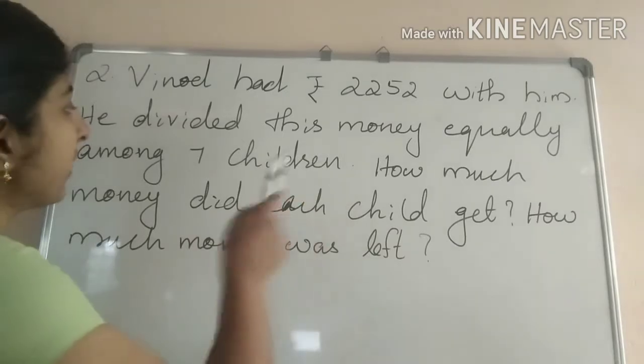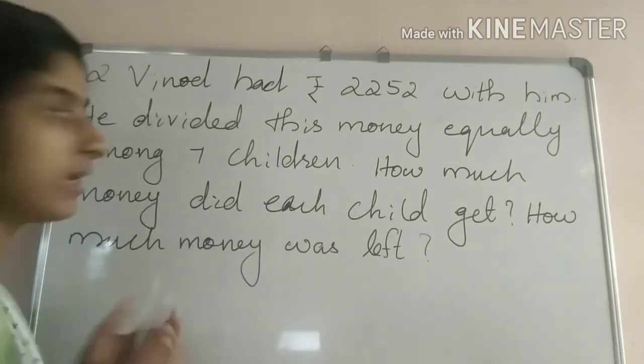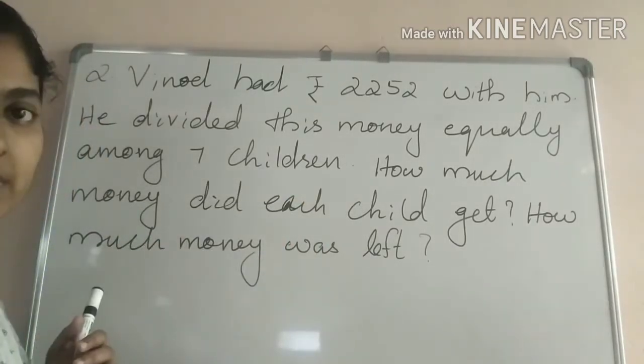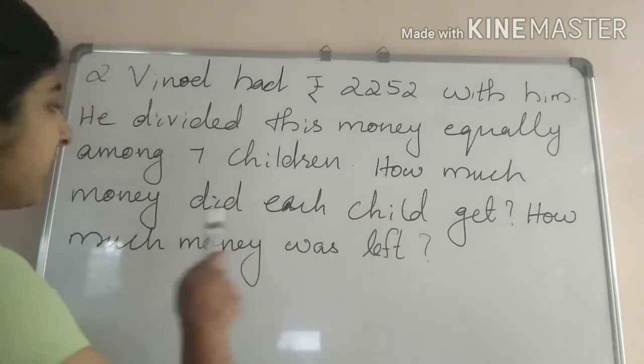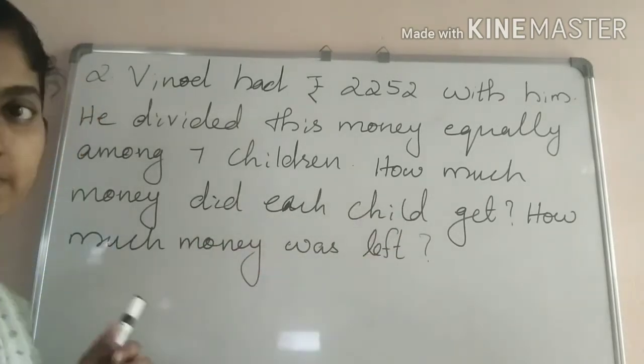He divided this money among how many children? 7 children. Then how much money did each child get?